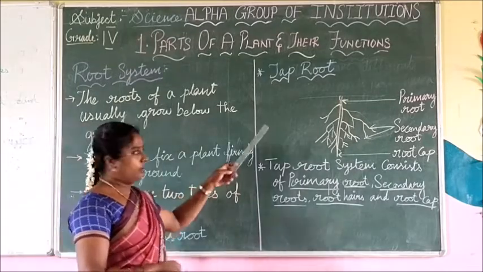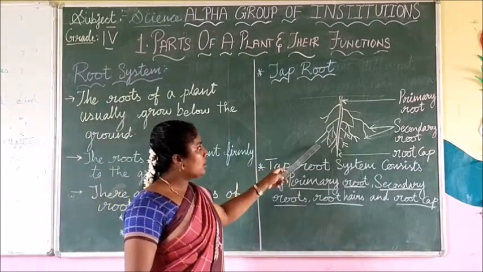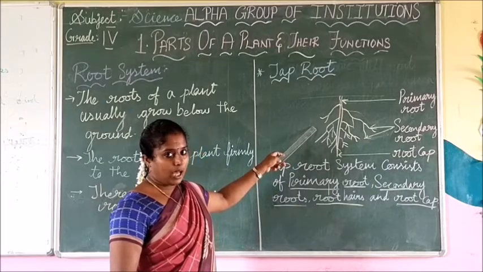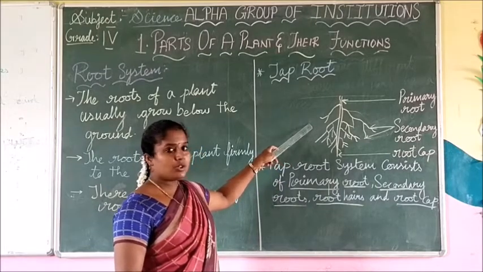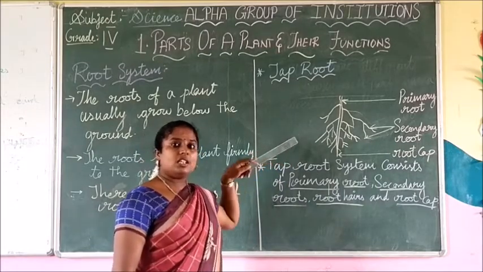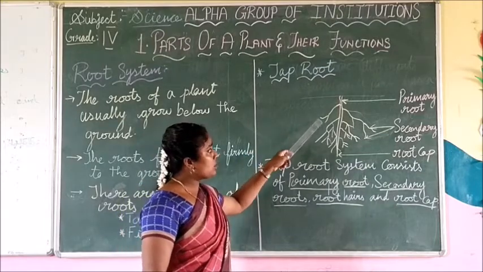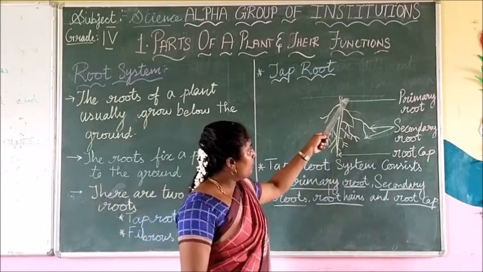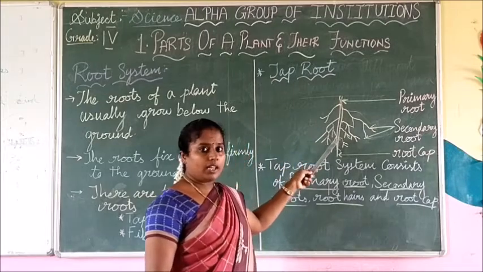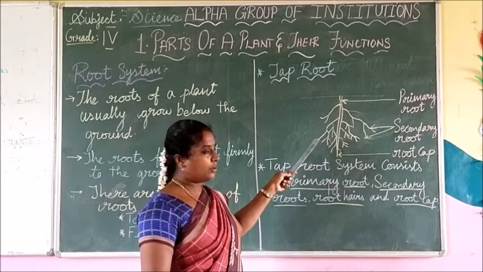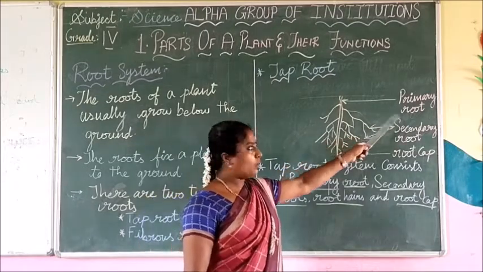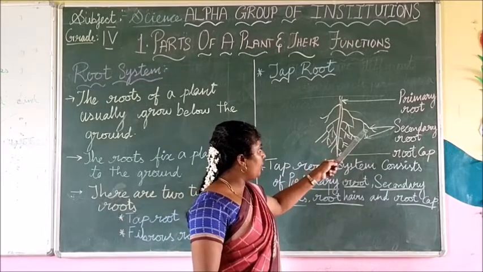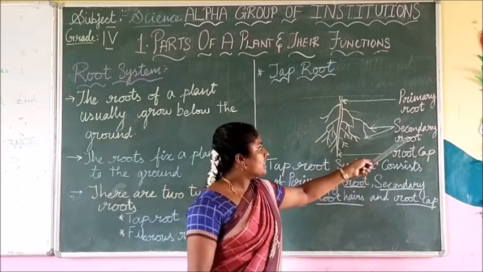Now next we are going to see briefly about taproot. How will the taproot be? Can you see the drawing? So like this, the taproot will be. This will be the image of the taproot. In taproot, the long and thick one we already saw in the parts of the plant is the primary root, and from the primary root we get the subdivision, that is the secondary root.